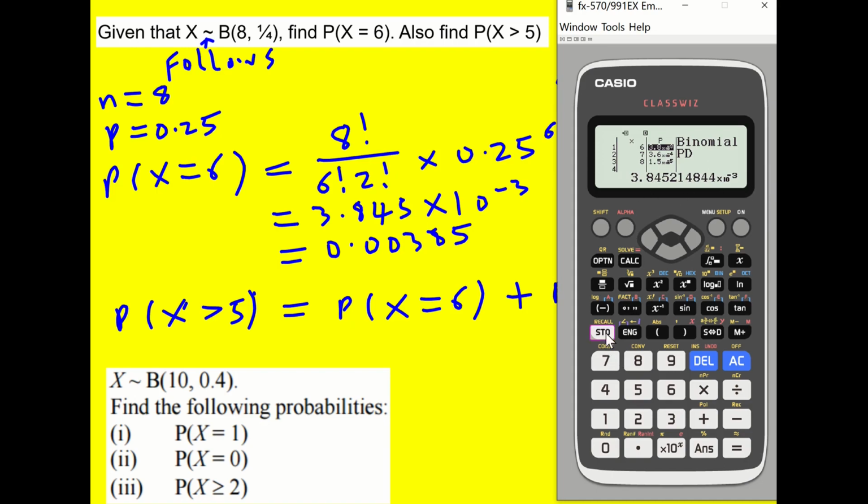But I don't really want to be writing this down, so what I can actually do is the following. I can store it in the memory. So this stores it in memory A. And the next one, I can store in memory B. And then the final one, I can store in memory C. Okay, don't forget you've got lots of memory functions on your calculator. If I go back to computation, I can then add these together really quickly.